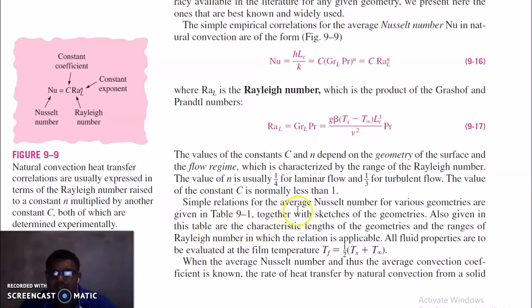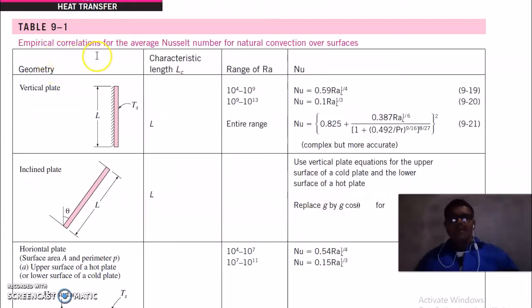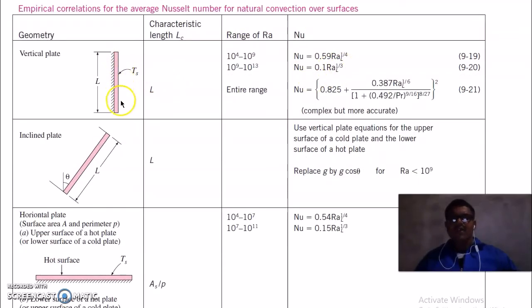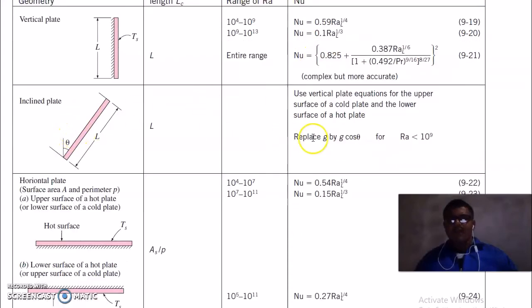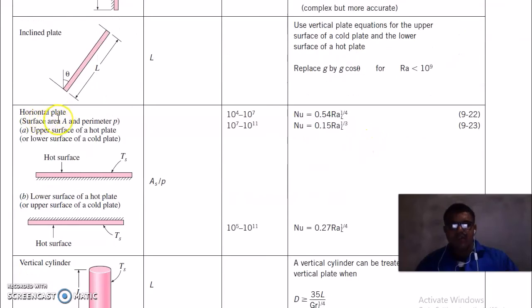Simple correlations for average Nusselt number for various geometries are given in the table. Empirical relations for average Nusselt number of natural convection over surface. So this is your vertical plate. This is the range of Rayleigh number. This is your Nusselt number. For inclined plate, for horizontal plate, upper surface of a hot plate or lower surface of a cold plate.